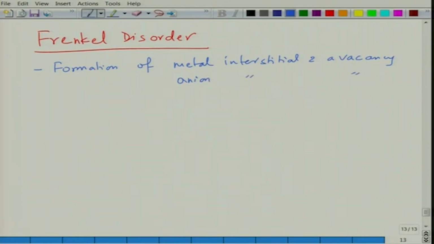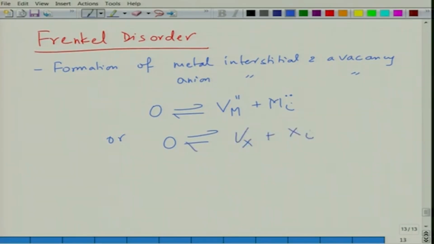The way this reaction is written is 0 equals V_M plus M_i, or V_X plus X_i. So, let us say if X is doubly charged as well, then you will have V_X and X_i. So, you will form either a vacancy of metal and a metal interstitial, or you will form a vacancy of anion and an anion interstitial.